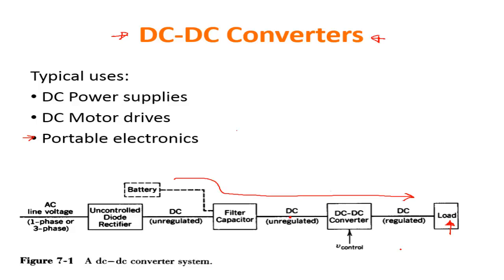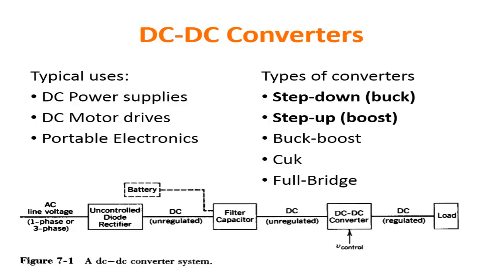The only difference when you have an AC line to get energy from is that you need a diode rectifier before the whole chain. Now there are different types of DC-DC converters. We focus on the first three of them, which are interesting for us.